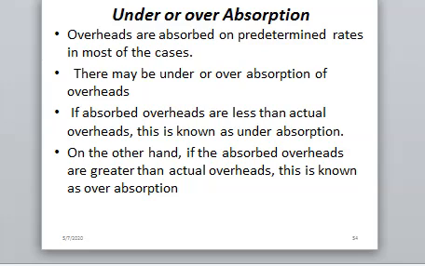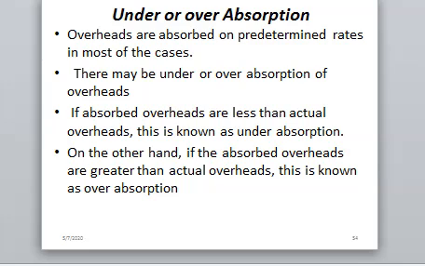Then if the normal production on which you calculated the overhead cost was 10,000, and then the actual production was 20,000 units, or 15,000 units, in this case there is an over absorption of overheads.